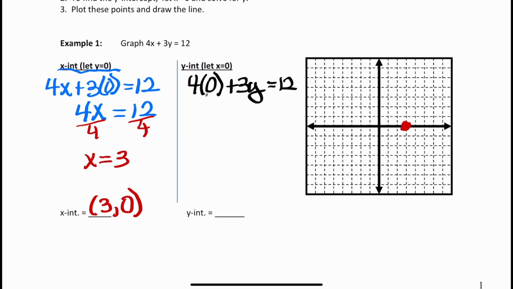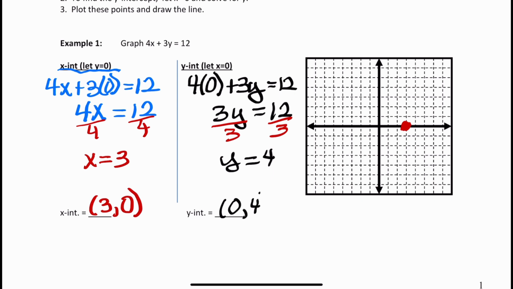Well, 4 times 0 is 0, and 0 plus 3y is 3y. So we end up with an equation that we can solve for y. To solve this, we divide both sides by 3. And now we find that y equals 4 when x is 0. So in other words, we have a 0 for x and a 4 for y.